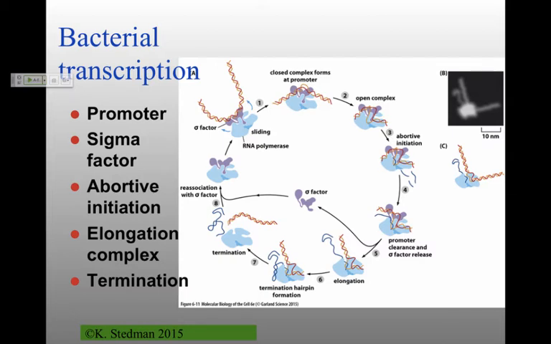So this seems to be a control mechanism whereby you only make that full-length RNA if you're really, really sure that you want to. Plus, it gives you another way to have regulation. Usually you want your regulation to happen as early as possible because that's the energetically best time. So abortive initiation happens.